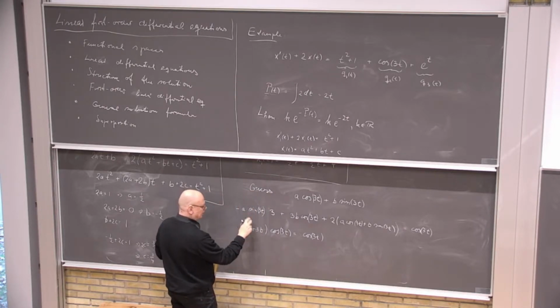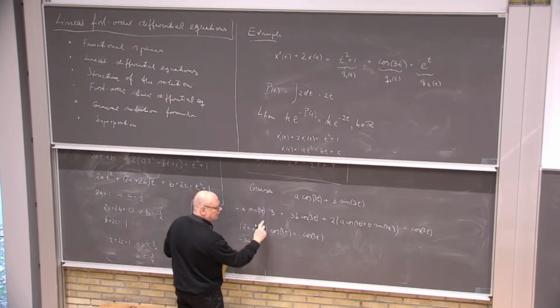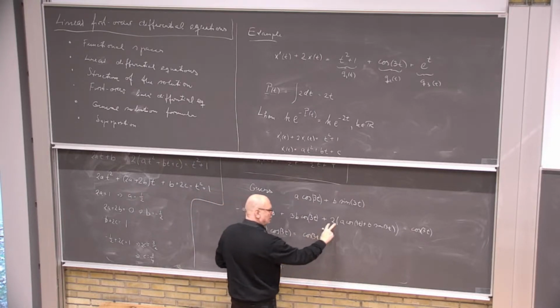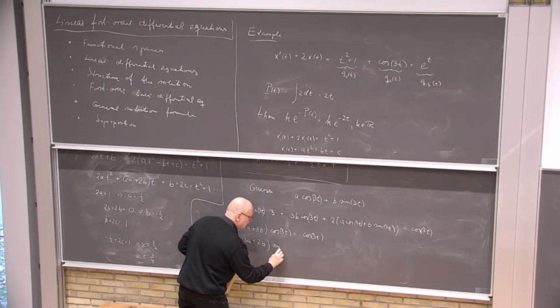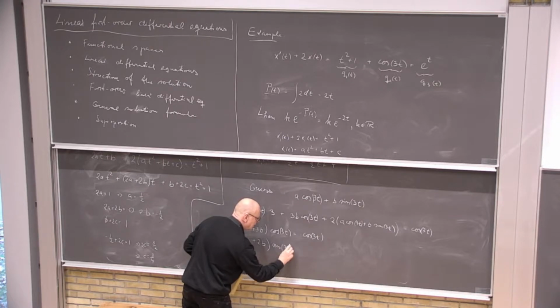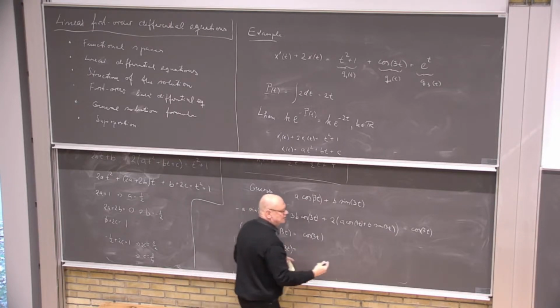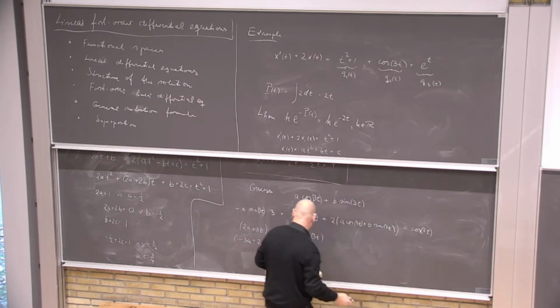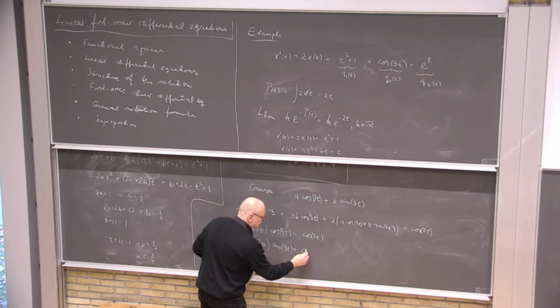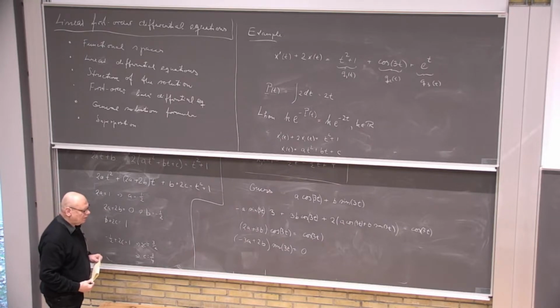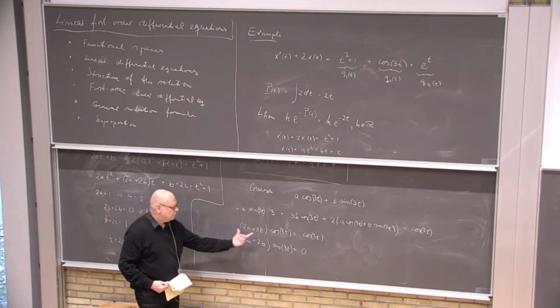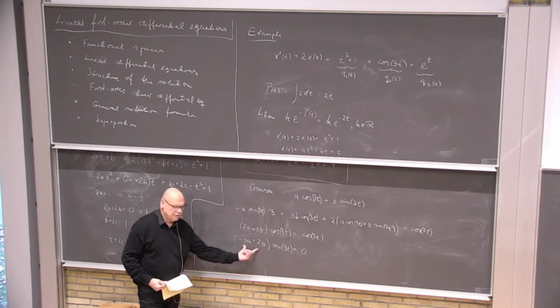And then again you have minus 3a, and then you have plus 2b. And since there's no sine of 3t on the right-hand side, this should be equal to 0. So this should be equal to 1, and this should be equal to 0.